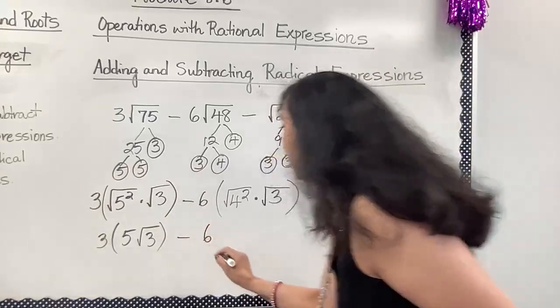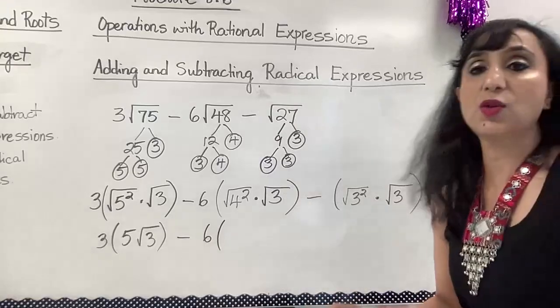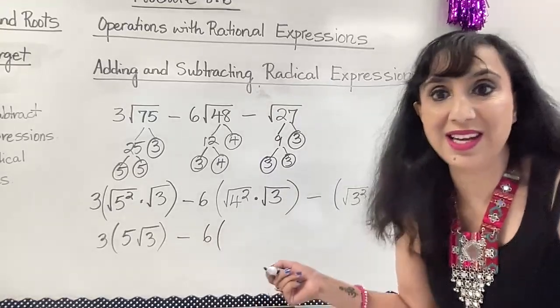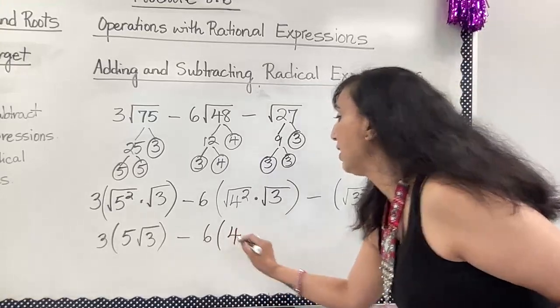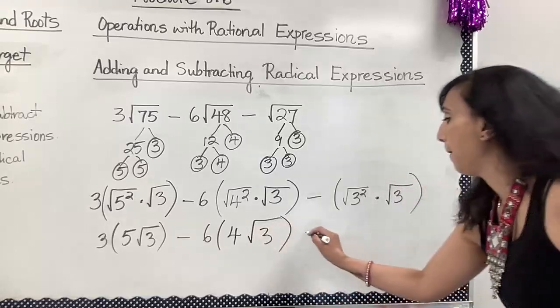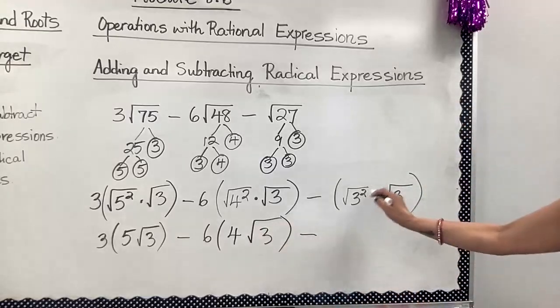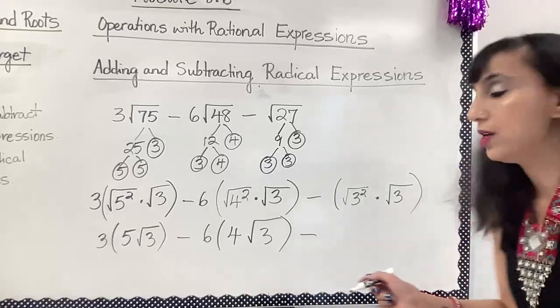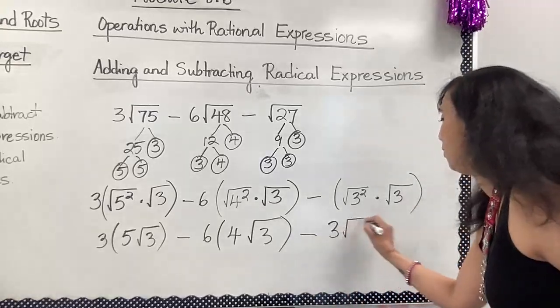Minus 6, and what is the square root of 4 squared? It's going to be 4, because what is the square root of 16? It is 4, right? So 4 times root 3 minus, what is the square root of 3 squared, or 9? I get 3. So minus 3 root 3.